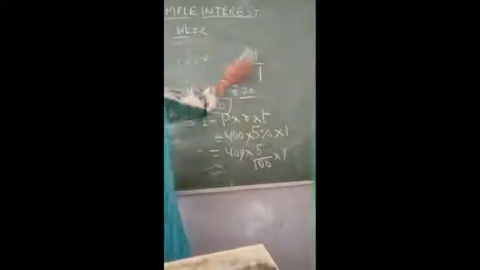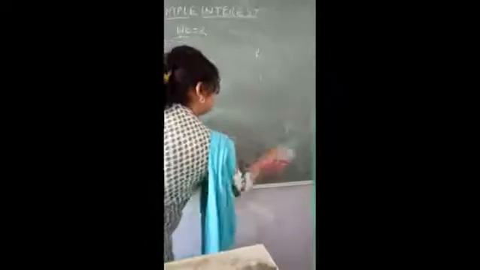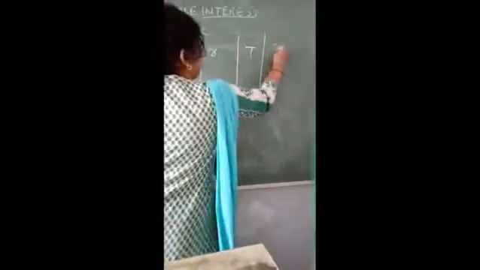Now come to question number 2. There is a table: complete the table. The table has principal amount, rate of interest, time and then simple interest.